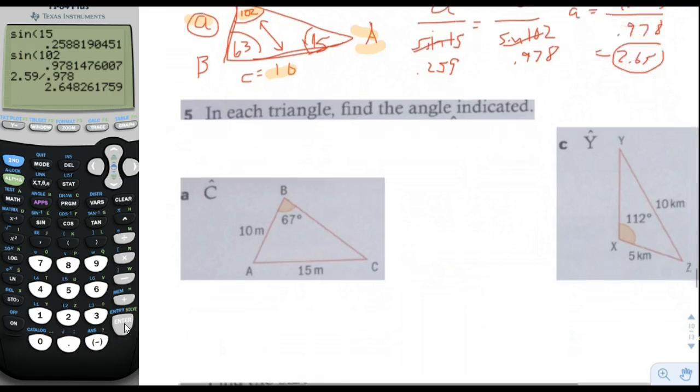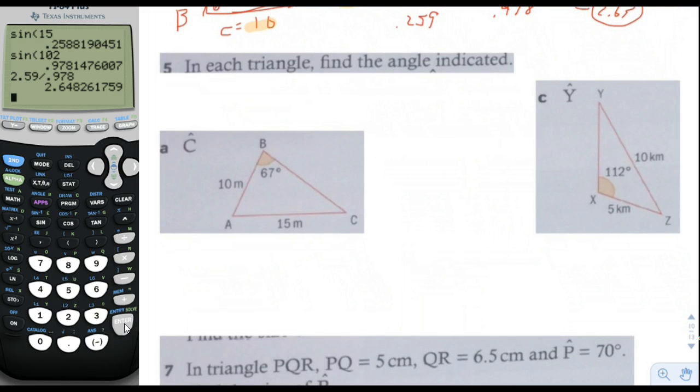Okay. In each triangle, find the angle indicated. So we want to know what is angle C. So we want to know this angle. What we do know is we know this pair. So we know this pair perfectly. And then we're going to use the fact that we know 10 meters to figure out angle C. So we're going to use the sine rule.